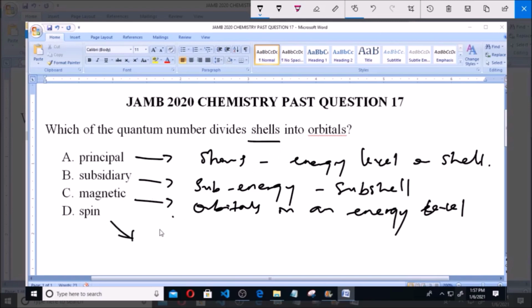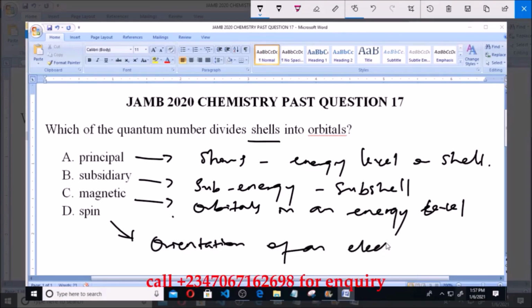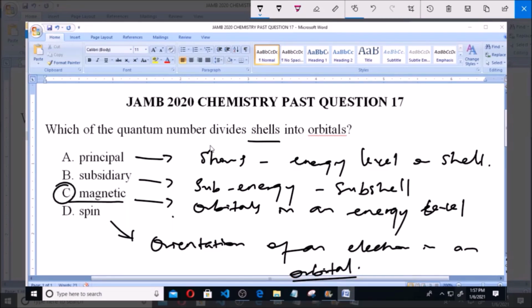Then the spin quantum number simply shows or describes the orientation of an electron in an orbital. So from this explanation, the answer to this question is option C, magnetic quantum number, that divides shell into orbitals because it represents and shows the number of orbitals in an energy level.